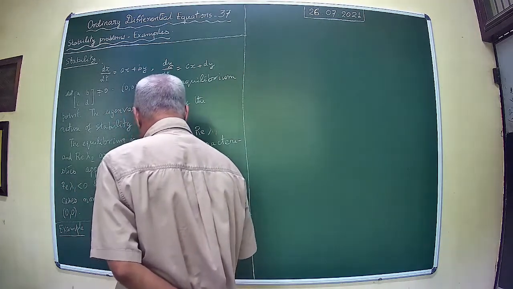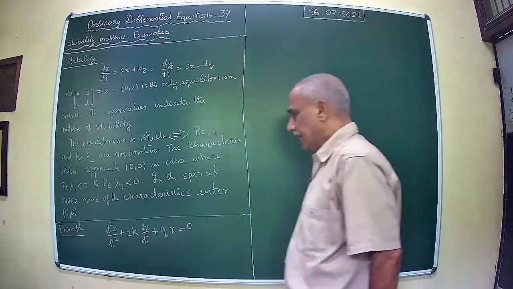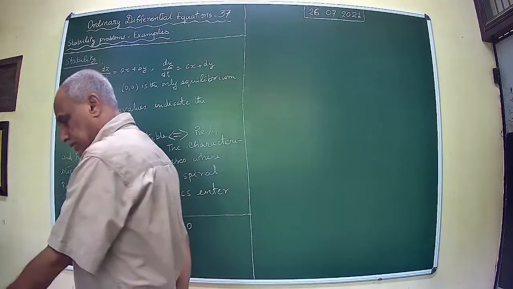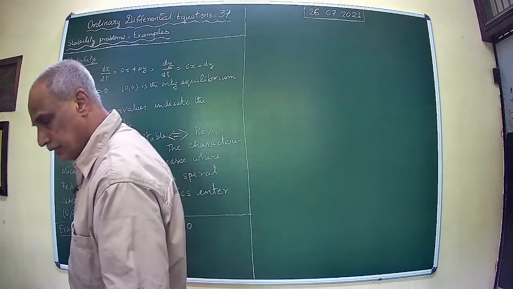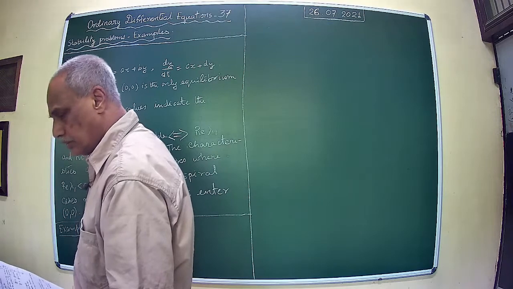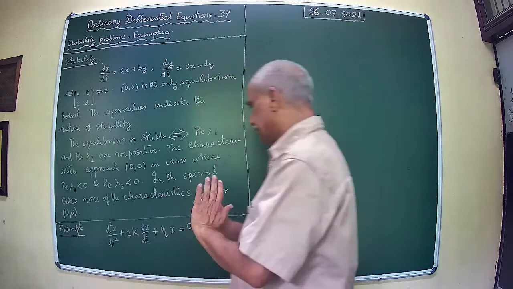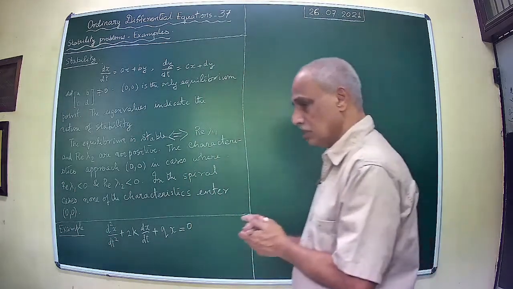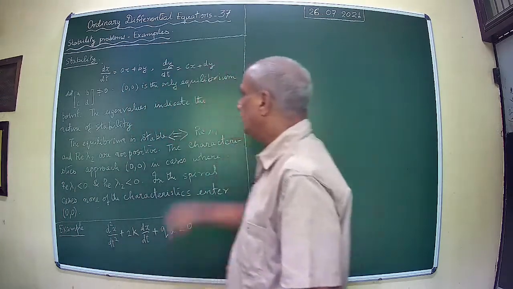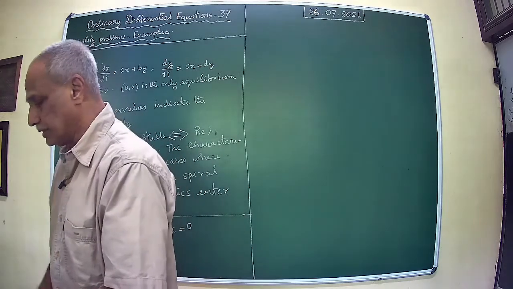It's a homogeneous second order linear equation with k and q as constants, and we have the situation that q is not equal to 0. This is a second order homogeneous equation, so we transform this into a system and then apply the theory that we have developed and read out the inferences from that.